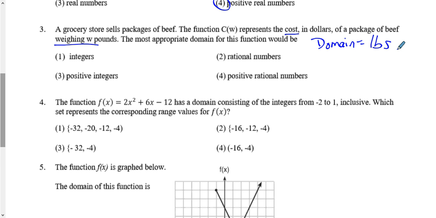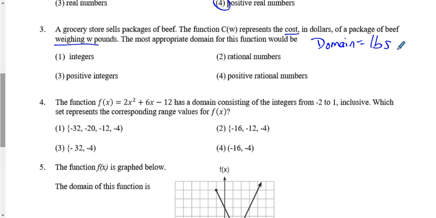Well, let's see. You guys have been to the deli or the meat section, and you get 2 pounds of ground beef, right? Well, those are your only options: 1 pound, 2 pounds, 3 pounds. Like 2 point something. Oh, okay. So we can eliminate integers, can't we? That's going to be positive rational numbers, or just rational numbers.